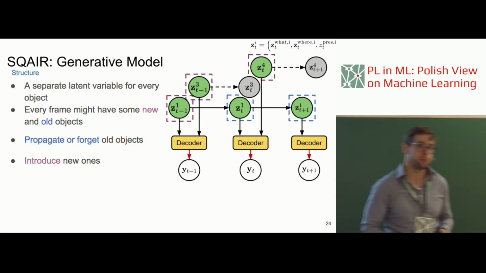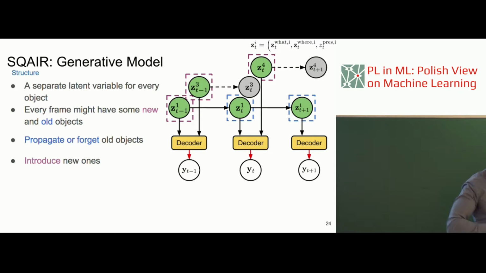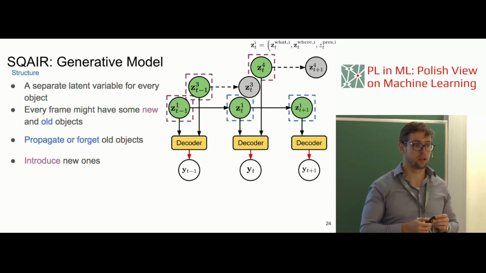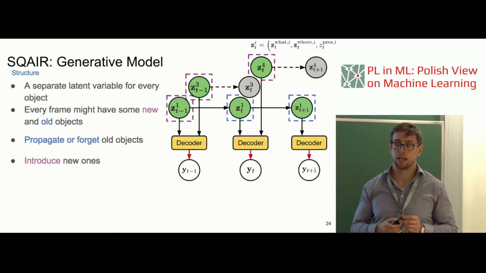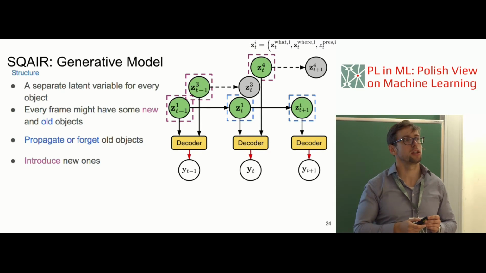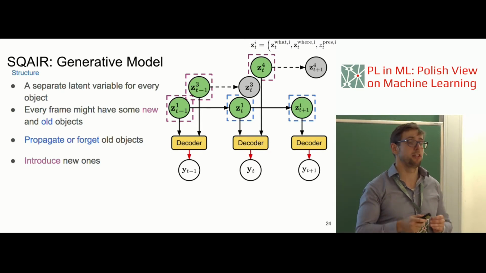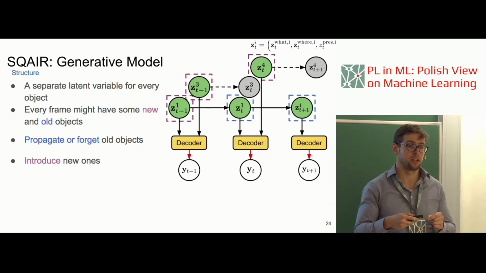For example, an object that's leaving and the model classifies it as a new object. So if an object leaves and re-enters the frame, for example, right?